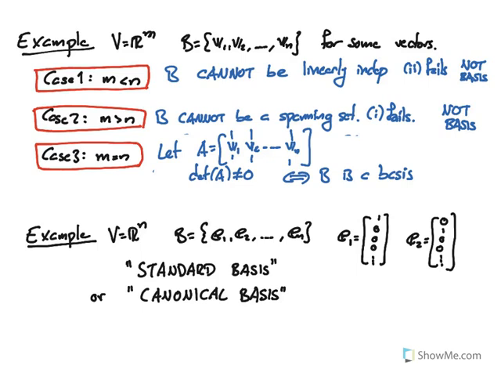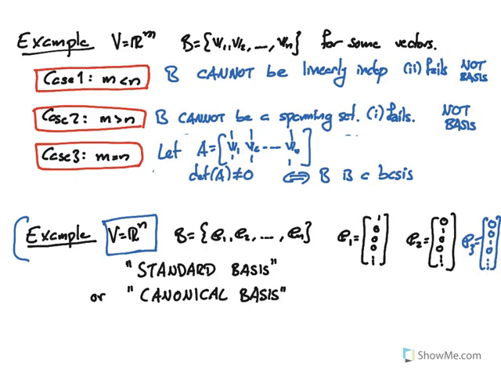So let's continue with our next example. Here we have the general vector space Rn, and there is a basis that's particularly nice. It is just these vectors. We've seen this before. It's the one that consists of all zeros, except they have a 1.